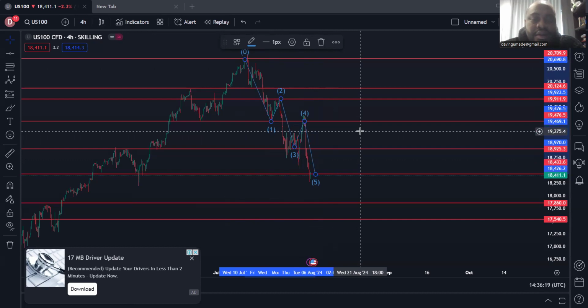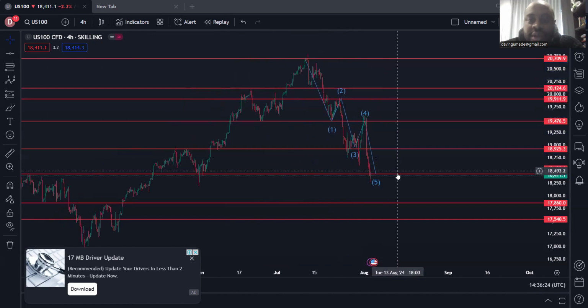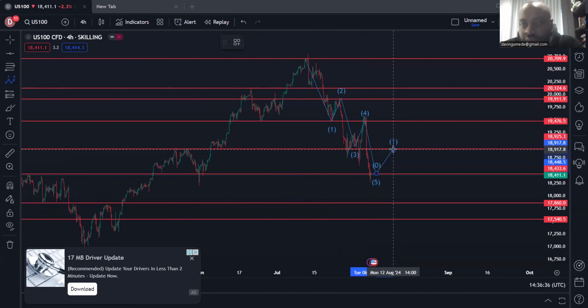On the 4 hour, we could possibly presume that we could see a nice retest touching back at this zone, and this could be a solid movement of the angle pitching out where we could have a retest on this area through 18,917, pushing and breaking through and touching back down into the 17,000s.